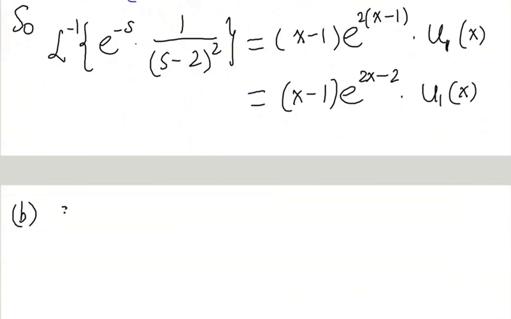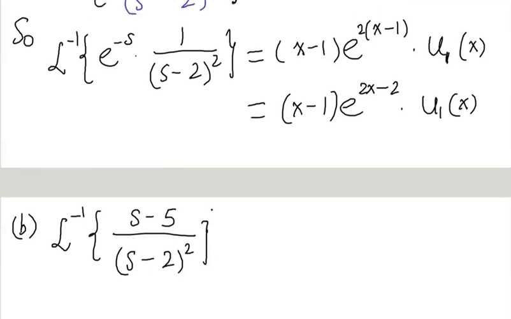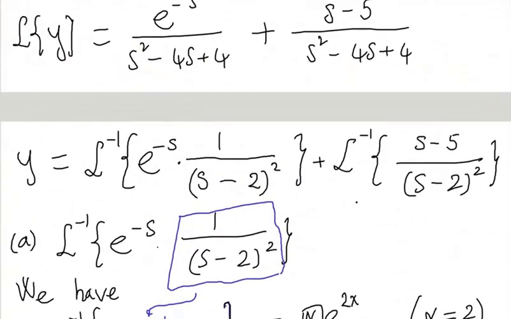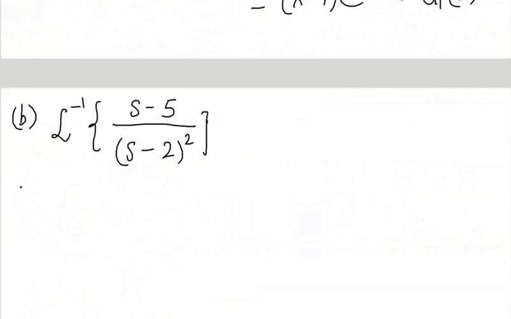And the second is the inverse Laplace transform of s minus 5 over s minus 2 squared. That's the second piece over here. Let's see B. So we need to do partial fractions.